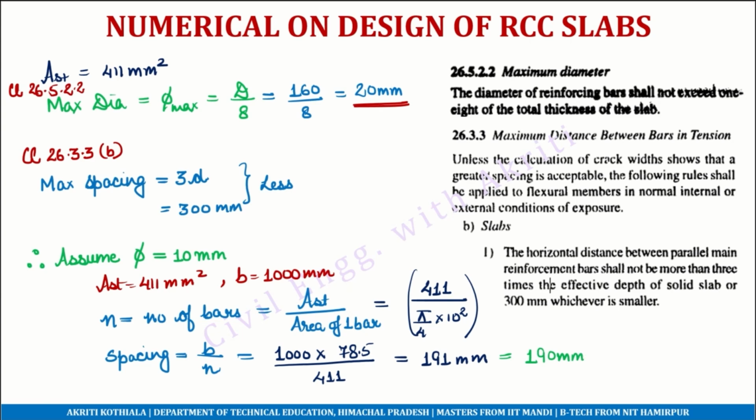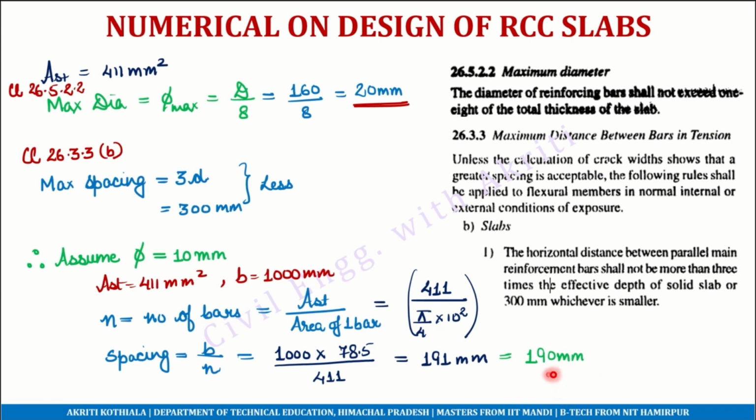So this is the spacing which we are going to provide. Even if it was 195 mm or 197 mm, we would have gone with the value of 190 mm, because it is always easier to provide spacing in a multiple of 10, and it is not possible to go to the higher multiple, because then the spacing will increase than what we are required to provide.